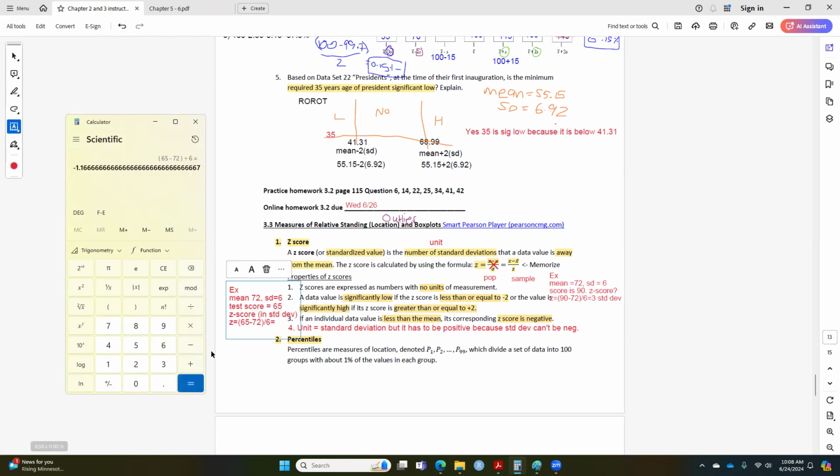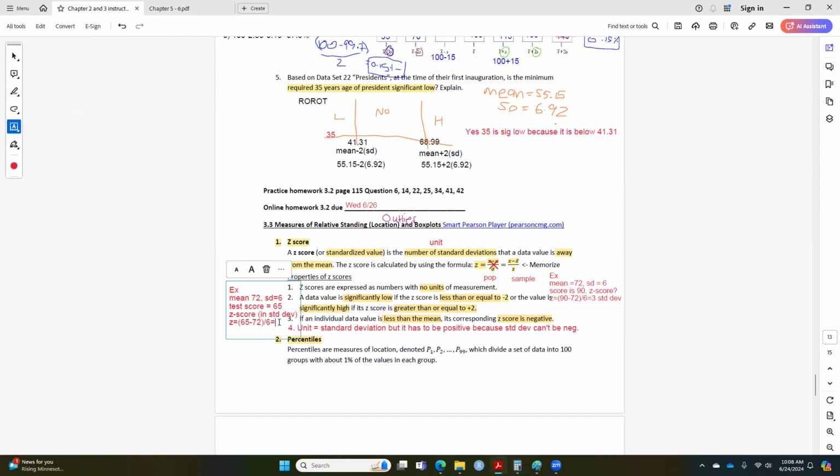Your z-score in this case should be negative 1.166666667, so negative 1.16667. Unfortunately, we cannot use this as the answer here, because in standard deviation, it has to be positive. So the answer in this case should be just 1.1667.